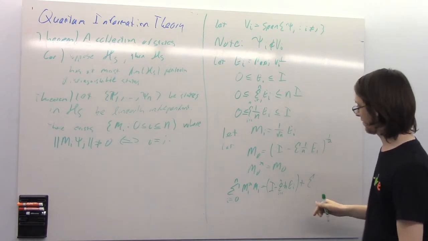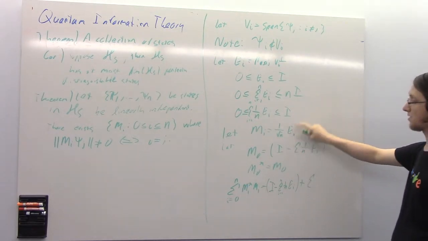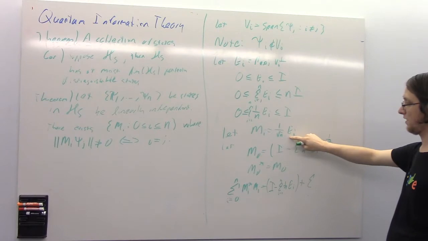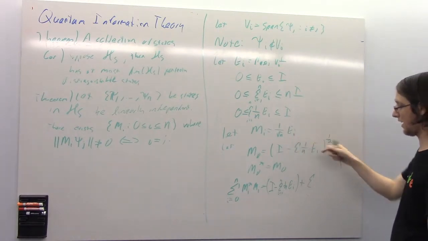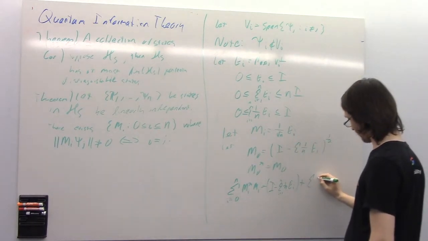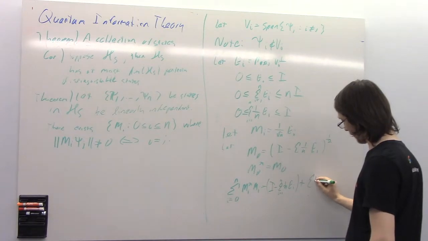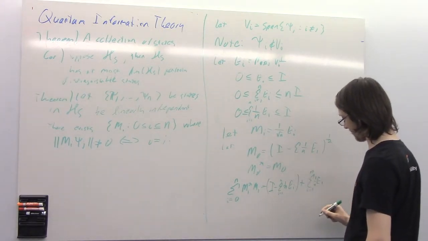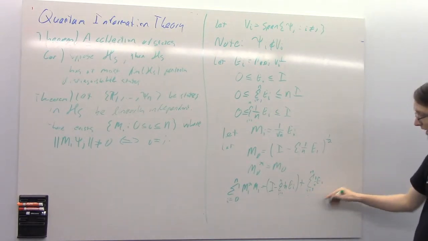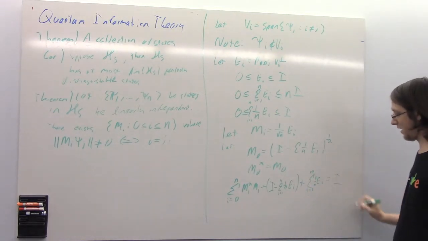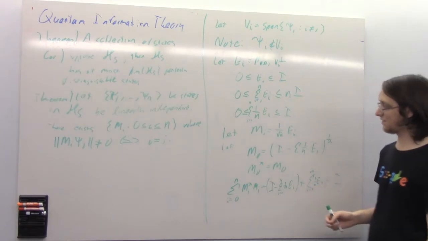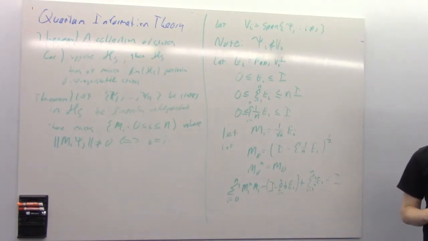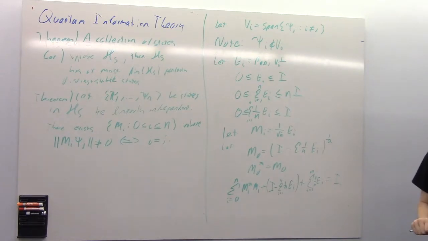So that's 1 over square root of n ei star times 1 over square root of n ei, which is just ei 1 over n, I equals 1 to n. This and this cancel. So this is I. So at the very least, these m's are a quantum measurement system. Okay?